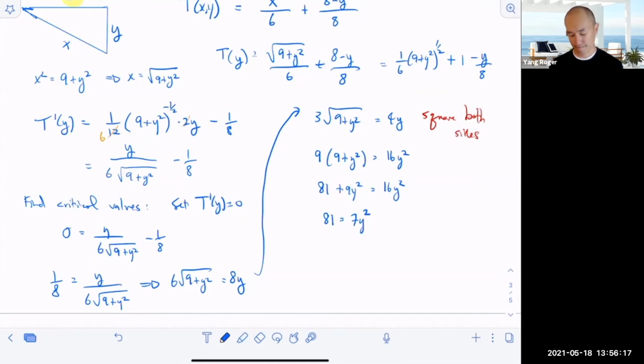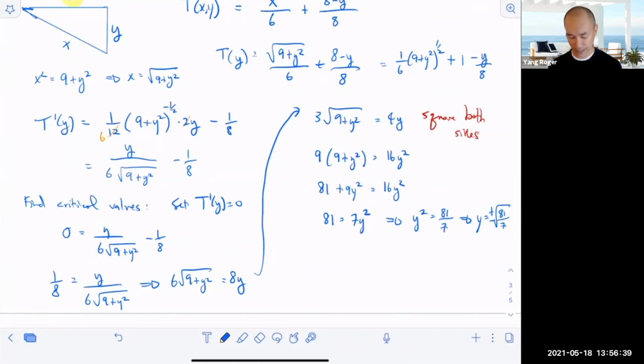And then this tells us that y squared is equal to 81 over 7, which tells us that y is equal to the square root of plus or minus 81 over 7. So we don't allow negative time, right?